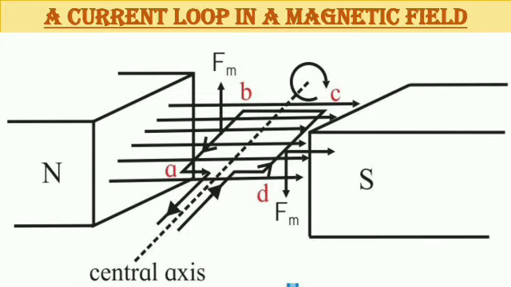Here the current carrying wire loop is of rectangular shape and is placed in a uniform magnetic field in such a way that the segments AB and CD of the loop are perpendicular to the magnetic field, that is vector B. In my previous video lecture, I explained the right hand rule and how we have used it.